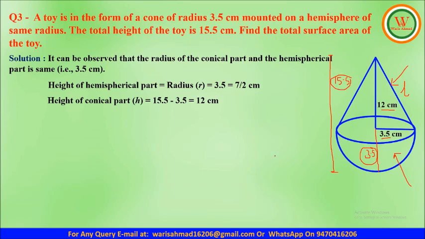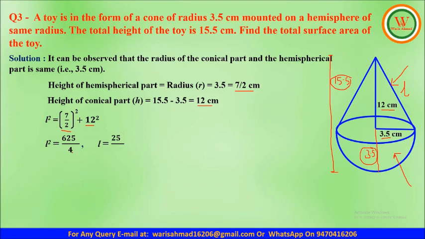So here we can write the formula L square is equals to R square plus H square. The value of radius is given, that is 7 upon 2 centimeter. The value of height, that is given 12 centimeter. After solving this one, we will have L square is equals to 625 upon 4.